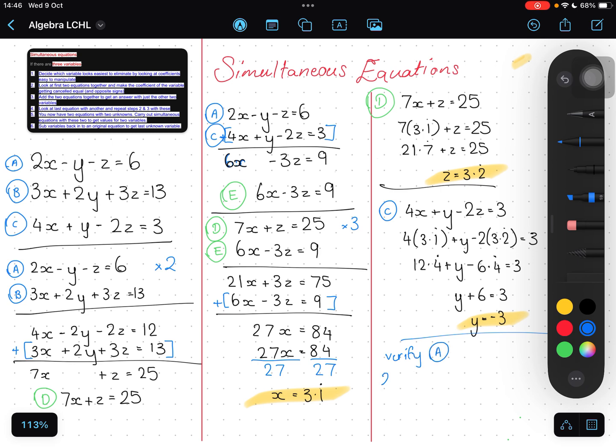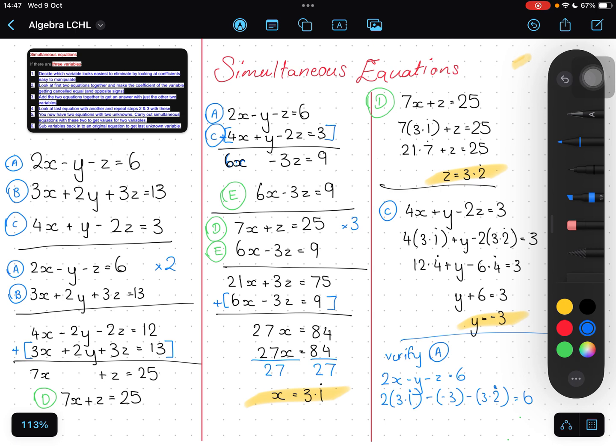So I have 2x minus y minus z is equal to 6. I'll sub in: 2 by 3.1 recurring, minus minus 3, minus 3.2 recurring, is going to be equal to 6 if I have gotten this right.